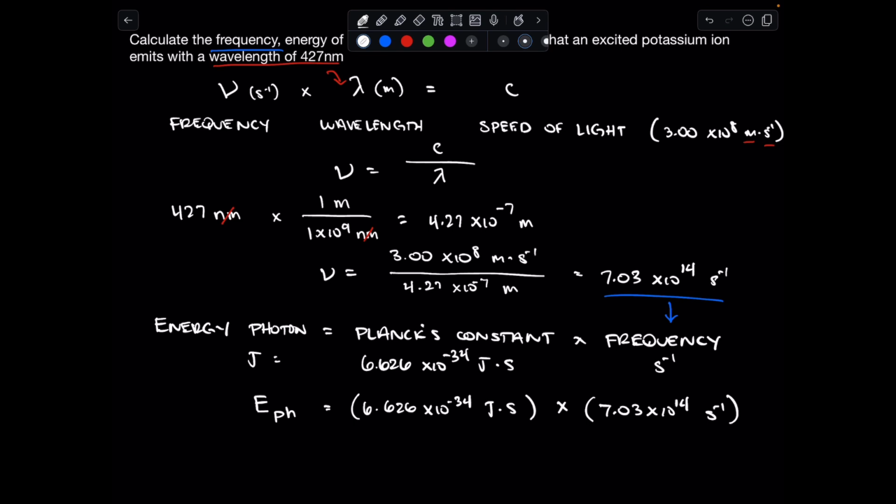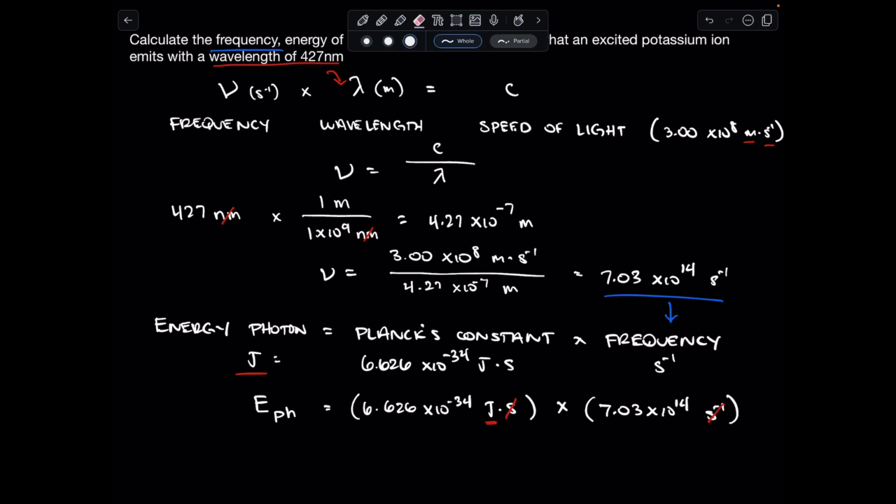Now we want to make sure that our units are okay here. We know we need to end in joules. As we look at our two numbers, when we multiply them, we have seconds and per seconds, which means they're going to be on top and bottom of our fraction. Because of that, these two will cancel each other out, only leaving us with joules. So everything adds up correctly.